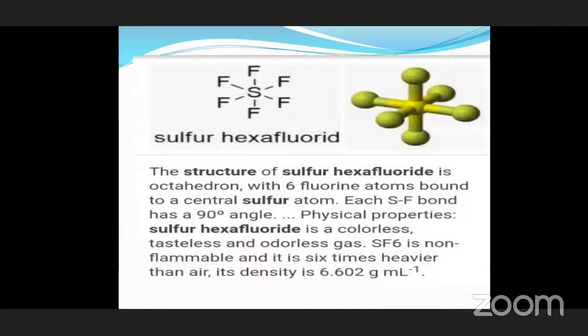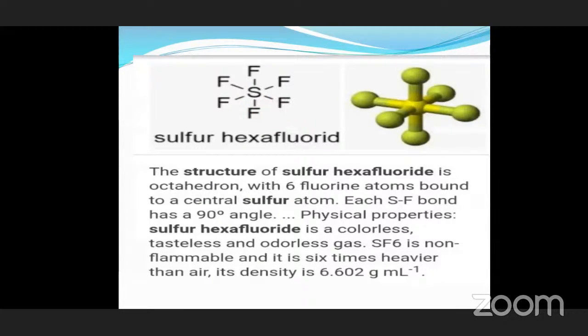Now we discuss sulfur hexafluoride. Here the sulfur is the central atom. Around the central atom, 6 fluorine atoms are bonded to sulfur. This is sulfur hexafluoride. The hybridization is sp3d2.